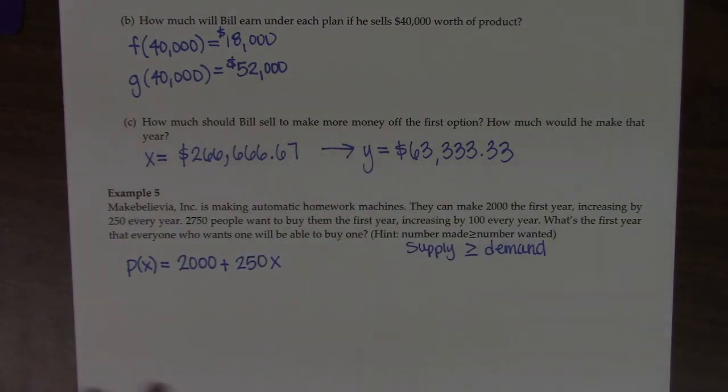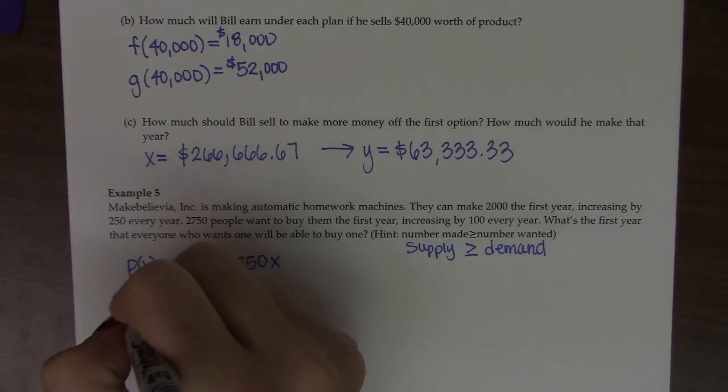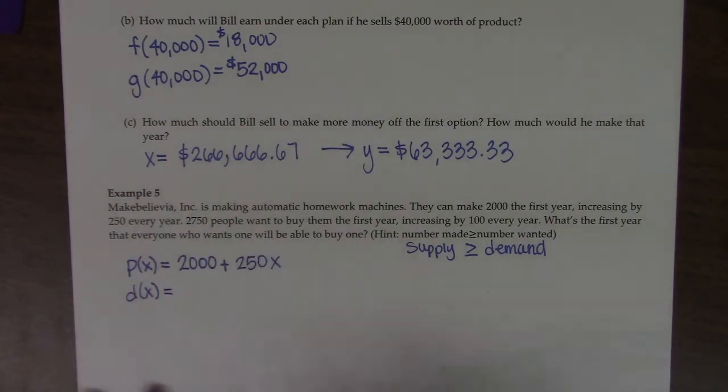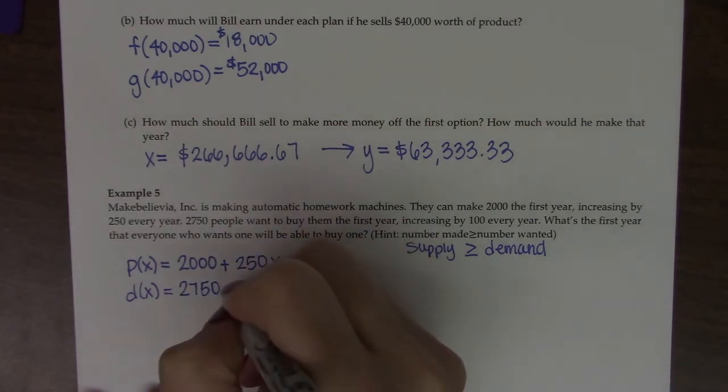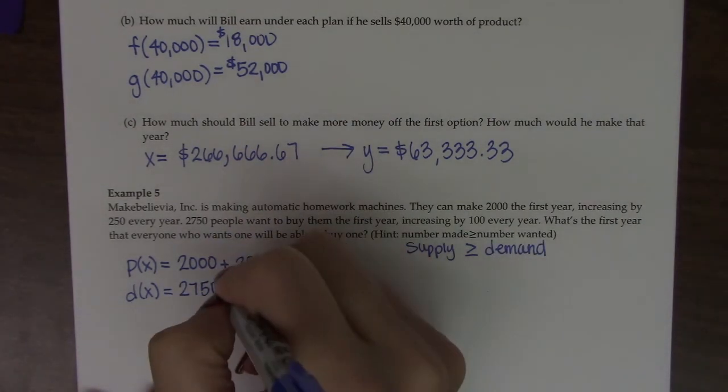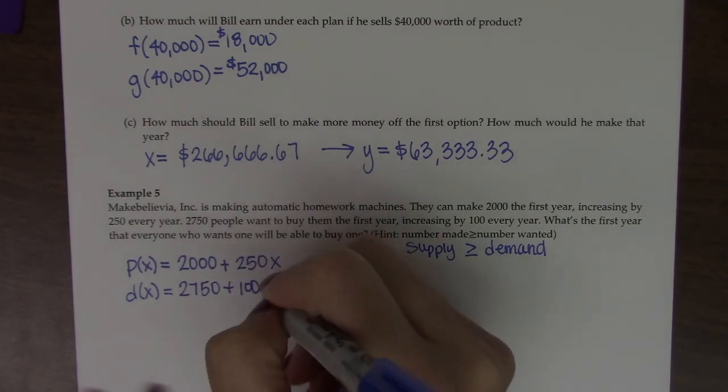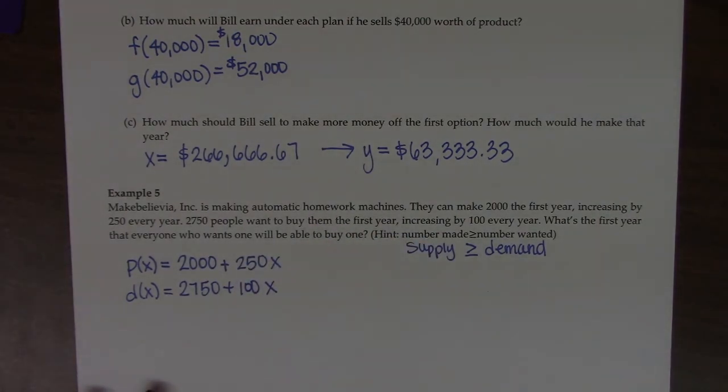So that was our slope. Then we'll make demand, we'll call that D of X, and the first year 2,750 people want one, and that's going to increase by 100 people every year. So if we set these two functions equal to each other or find their intersection, we can find the year where the supply finally catches up to the demand.